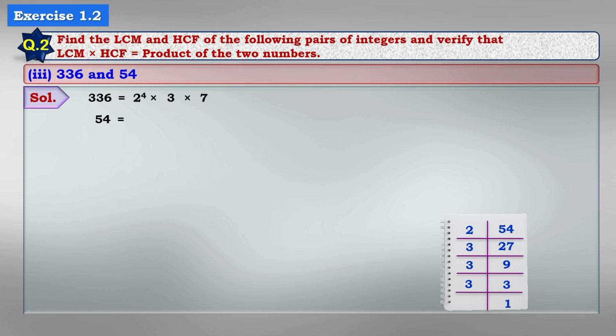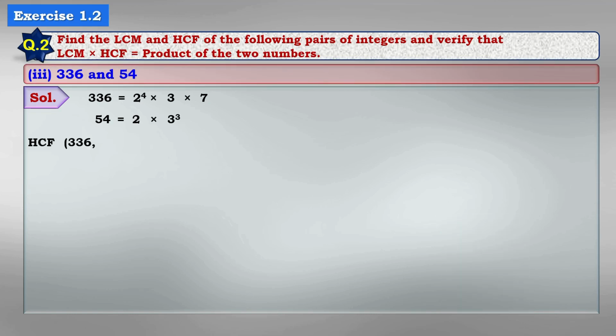So 54 equal to 2 into 3 to the power 3. So now for HCF, we have to take the common factors, that is 2 and the smallest power. So here only 1. And for 3, so 2 into 3 only. That is 6. So HCF, we know that the product of common factors raised to the least power.